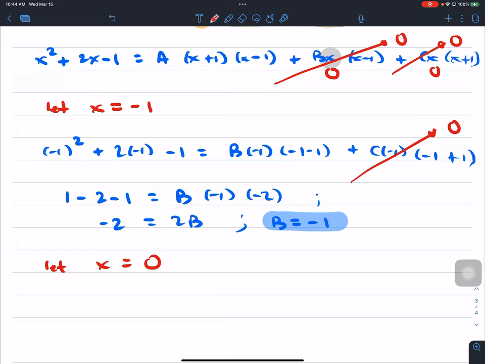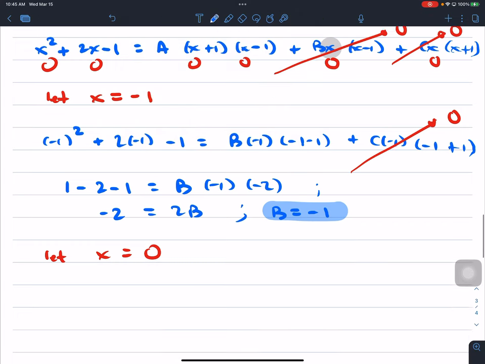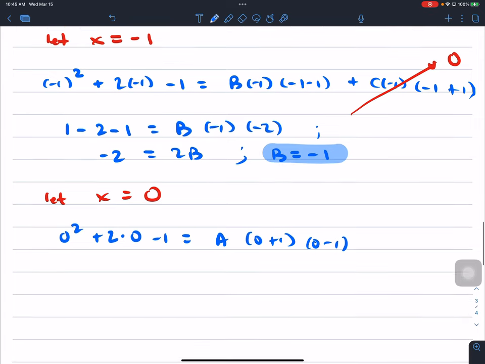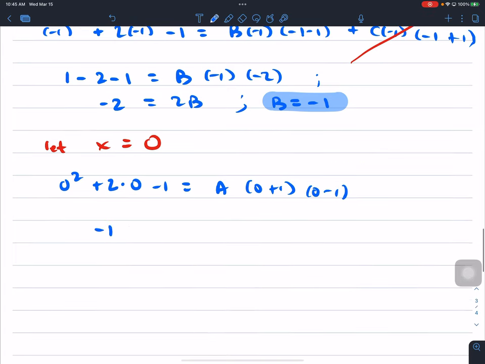This is actually a very nice question. Now we have 0 squared plus 2 times 0 minus 1 is a(0 plus 1)(0 minus 1). So negative 1 is a times 1 times negative 1, and that really means a is 1.